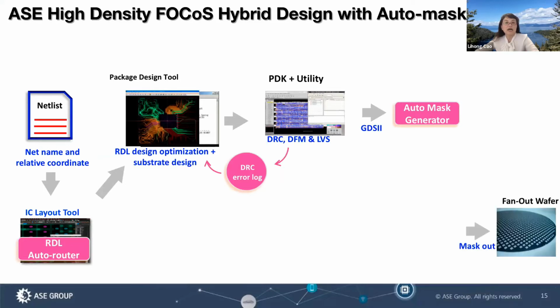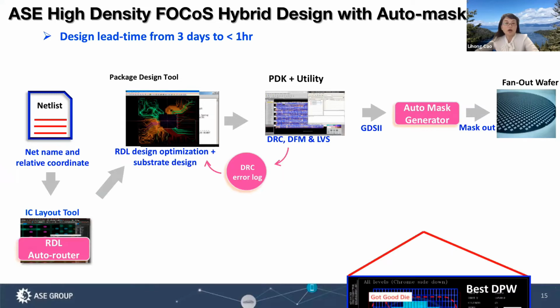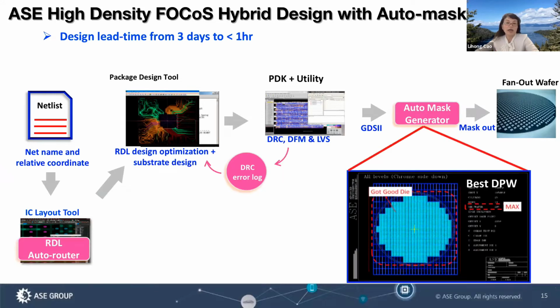The design lead time can be reduced from 3 days to 1 hour. Most importantly, the auto mask generator also can arrange the non-good die locations to maximize the die per wafer quantity for yield improvement. So this is very important for larger fan-out die size per wafer.